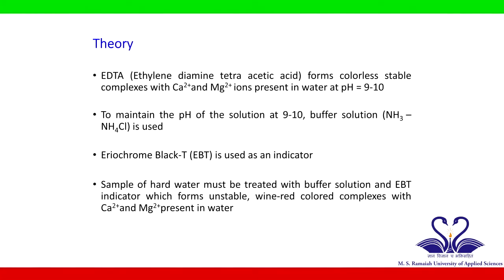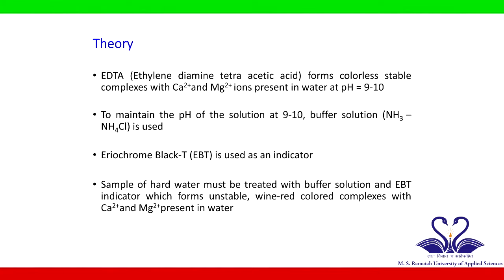Now, let me explain the theory behind this titration. Ethylene diamine tetraacetic acid, commonly known as EDTA, forms colorless stable complexes with Ca2+ and Mg2+ ions present in water at pH 9 to 10.